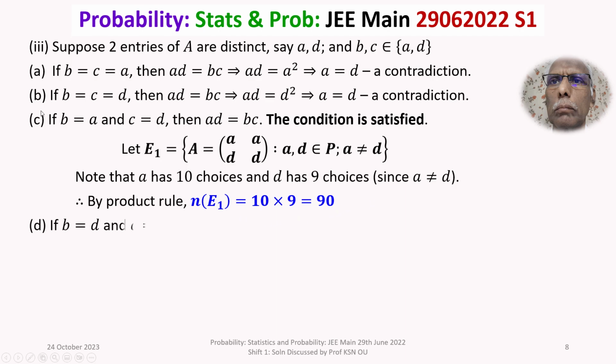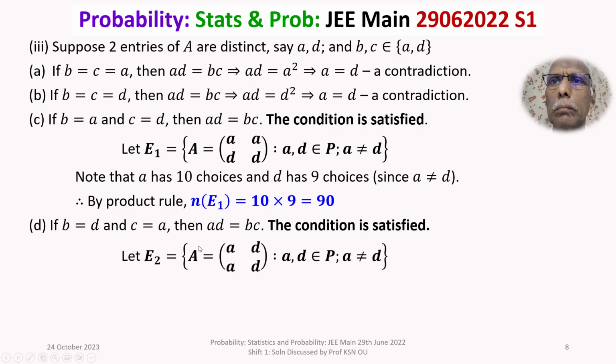Now take the next case, D. If B is equal to D and C is equal to A, then AD is equal to BC is satisfied. The condition is satisfied. Therefore, let E2 be the set of all 2 by 2 matrices A, B, C, D where B is equal to D, C is equal to A, where A, D belong to P, A not equal to D. Like the above, it has 90 choices.